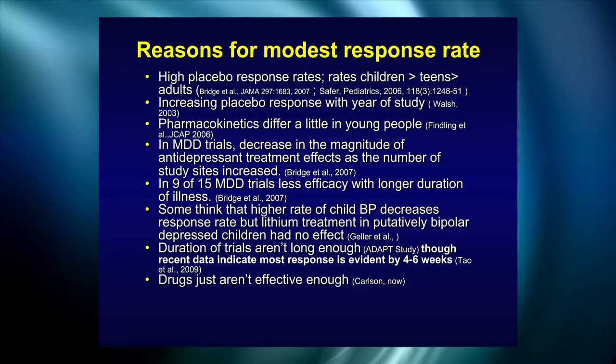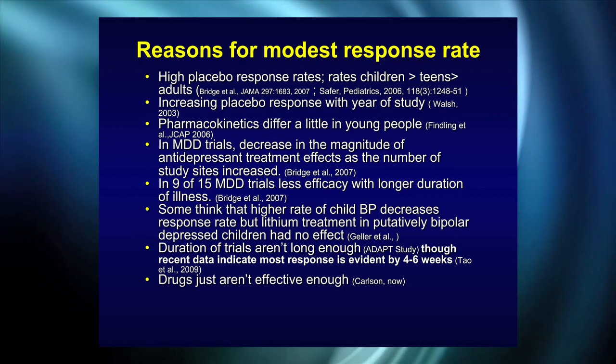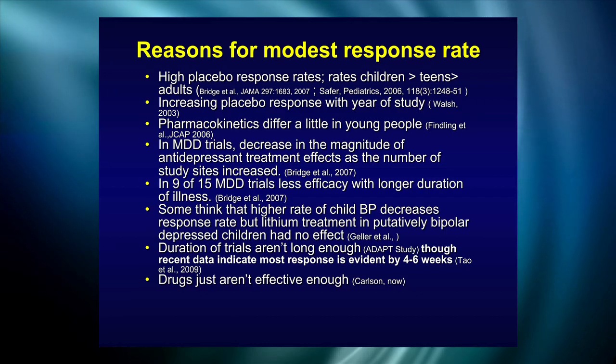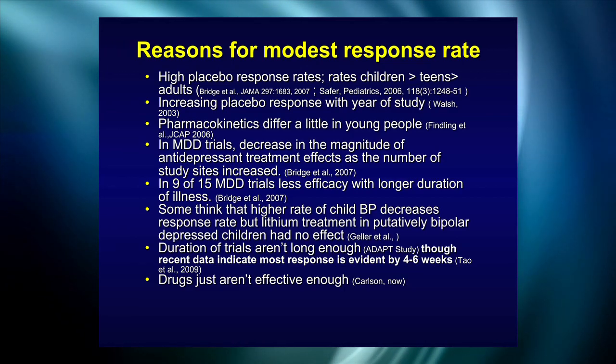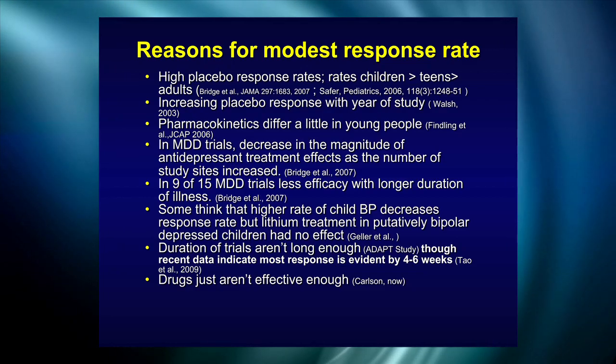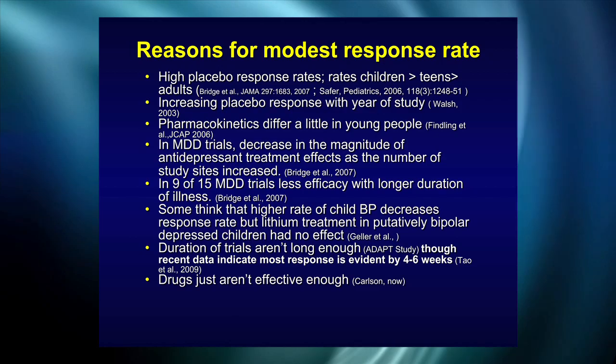Kids, by and large, that have depression have had depression for a longer time. And so, as you saw, one of the predictors of non-response, even in the adolescent trial, is longer duration. Some have hypothesized that early onset depression is a harbinger of bipolar disorder, and bipolar people don't respond as well to tricyclics.